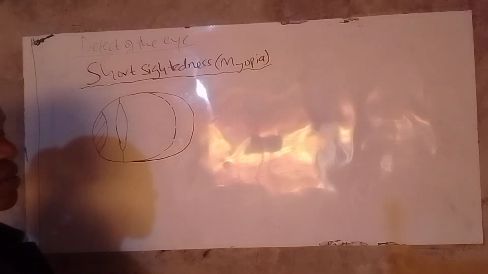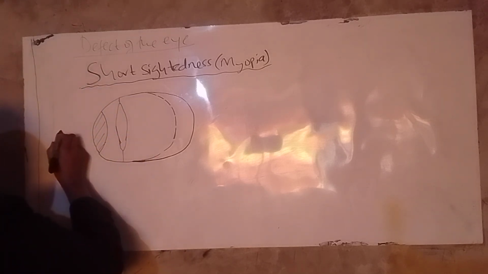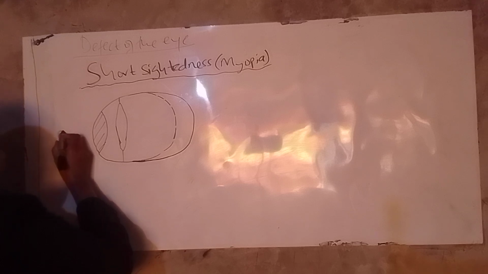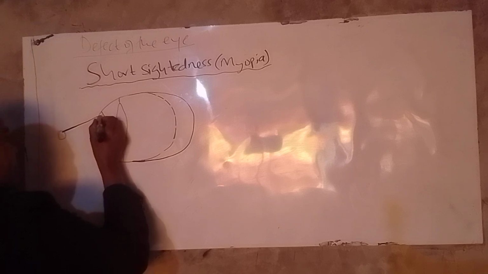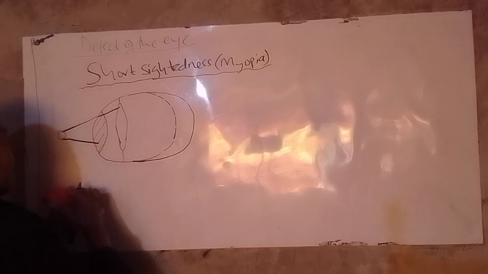Now, let's see what happens to rays that are coming from an object. Let's say this is an object that is near. The rays come from the object. Of course, there will be refraction by the cornea before we get to the eye.